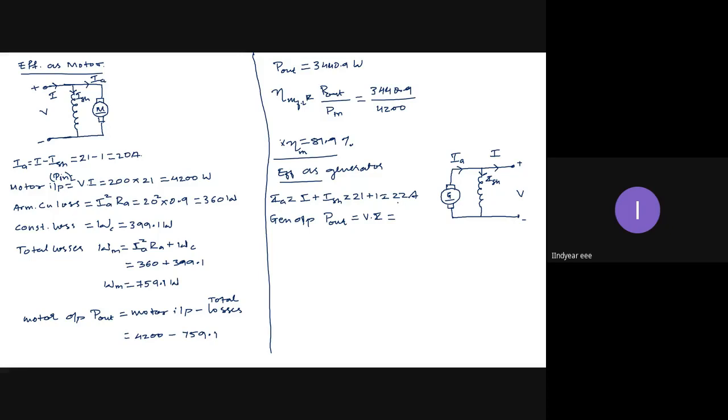It is a 4200 watt machine only. 200 into 21, so this is 4200 watts. There is no change in that. Output will be 4200 watts. Accordingly, inputs will change, and you will observe that the machine efficiency will not be the same.